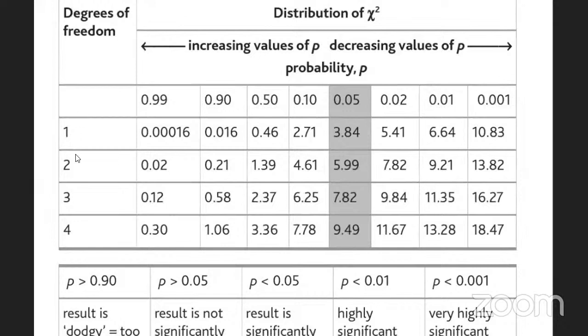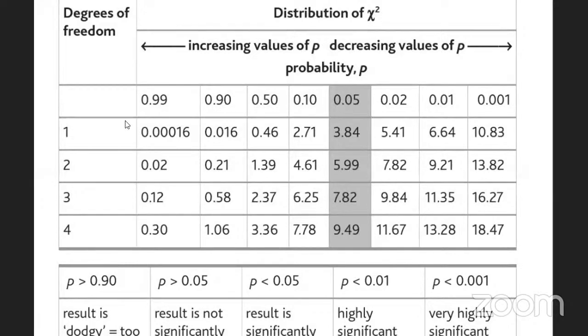For biology, for these readings up here, the probabilities, we use 0.05. If this should come on the exam, do not worry about these other readings. We are interested in degrees of freedom and this column here with the probability 0.05.